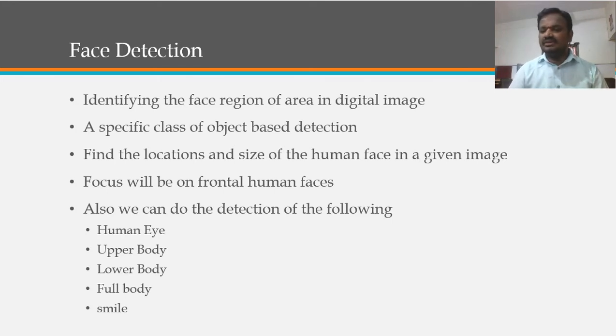That was the key of face detection, and the focus will be mostly on the frontal face. For example, if we have the back of our head, we cannot identify it. Basically, there are no features available like a nose, mouth or eyes. It's completely black.